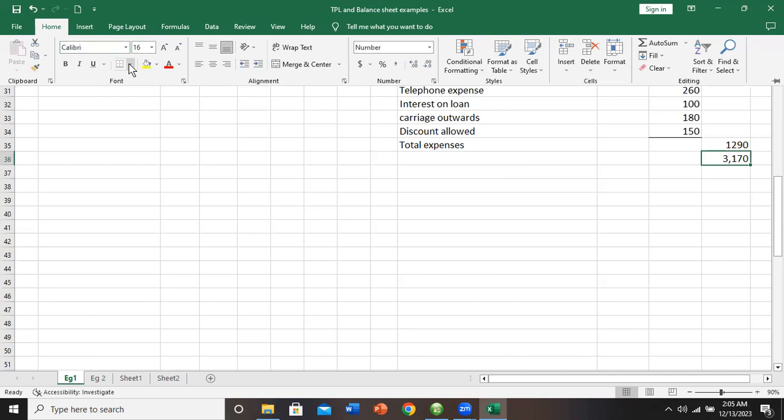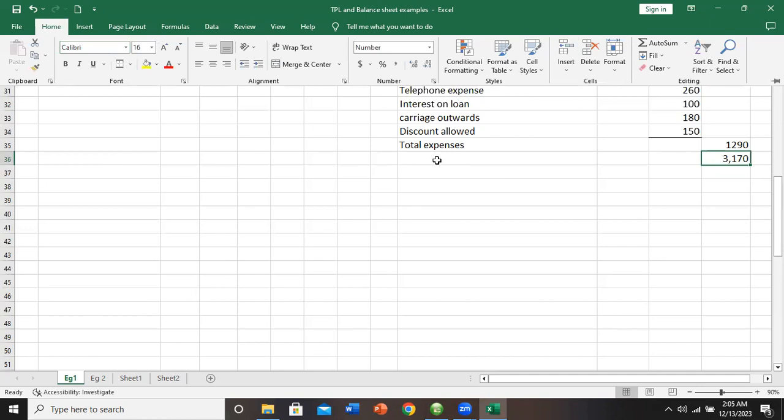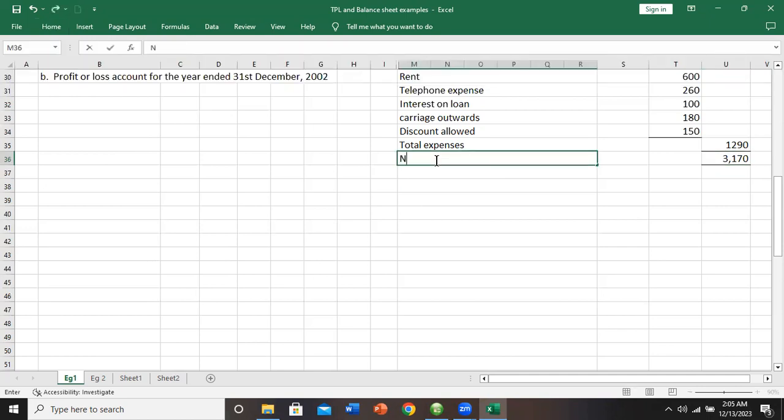Net profit. Any question? Any question up to this point?